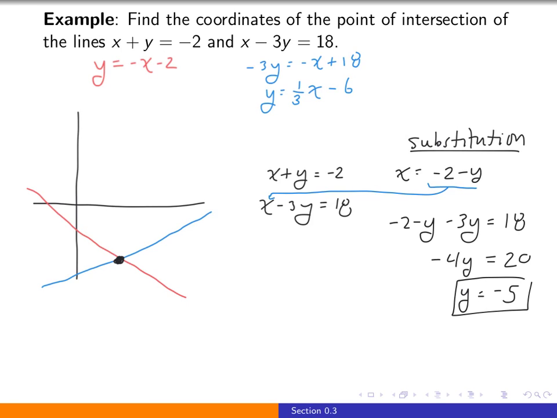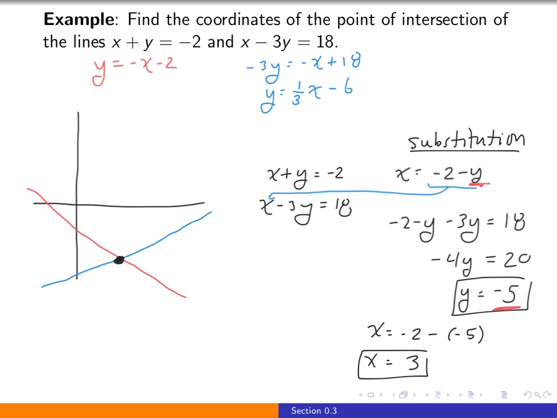To find the x-coordinate of the point of intersection, we go back to either of our original equations. In this case, we plug in y equals minus 5. So x is equal to minus 2 minus the y value, which is minus 2 plus 5. So x is equal to 3.